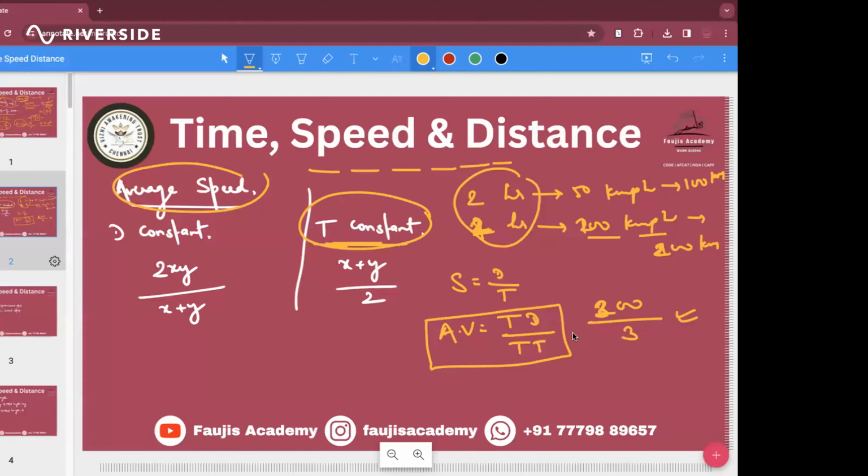For 2 hours at 50 kmph and for 2 hours at 100 kmph, how much is that? 100 and 200, so 300 divided by 4. Total distance by total time.